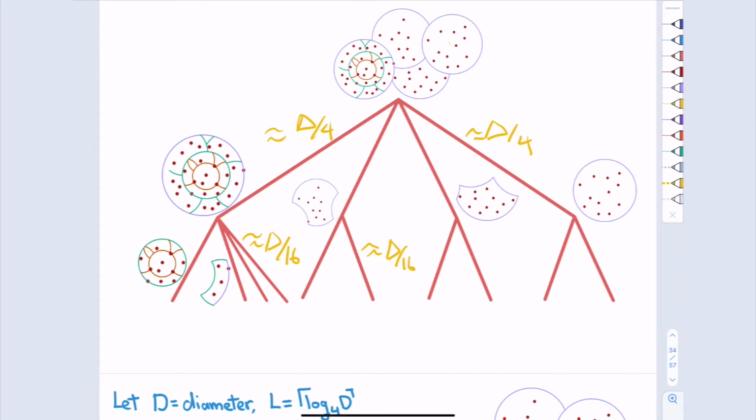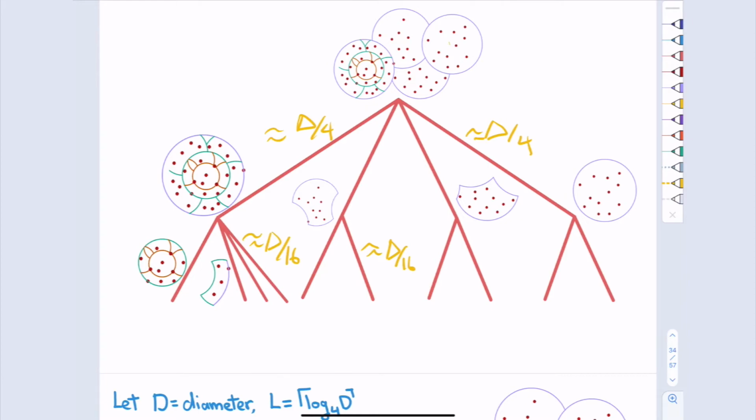So the edges on the tree are reflecting the radii of those circles. And I know if a set of points is in the same circle of radius 10, then they're all within distance at most 10. So that sort of motivates it.